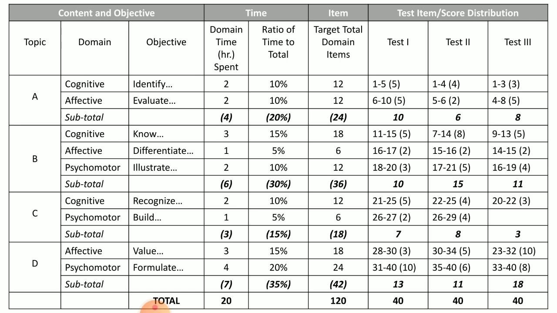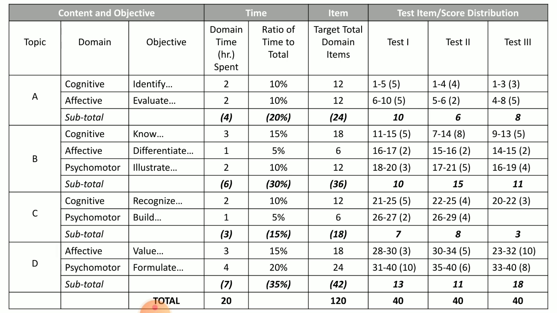So we need to divide 2 by 20. So 2 divided by 20 times 100, that is 10%. Then another 2 divided by 20 times 100, that is also 10%. Then 3 divided by 20 times 100, that is 15%, and so on and so forth.